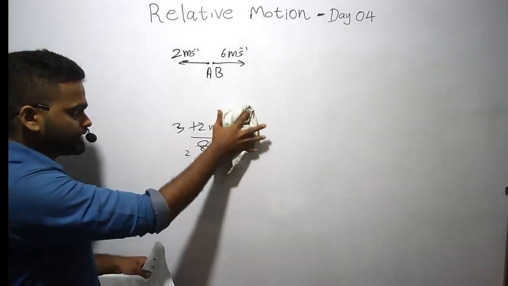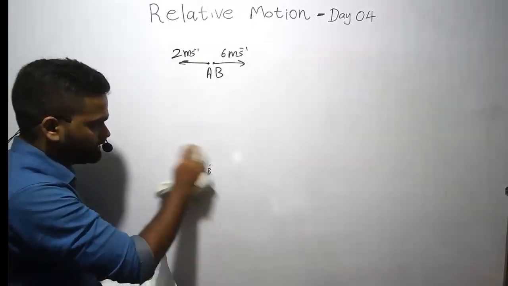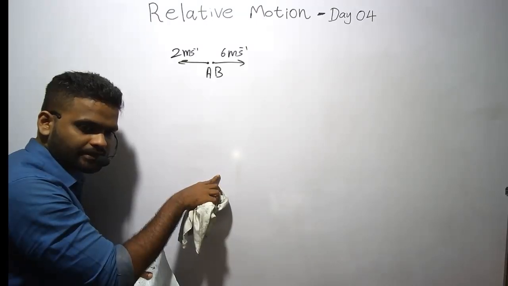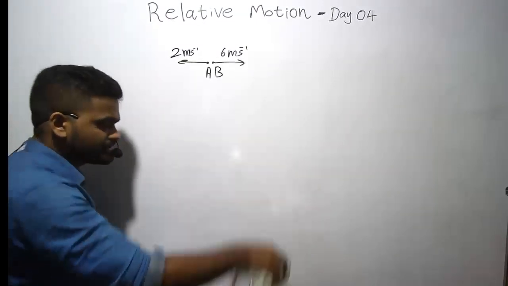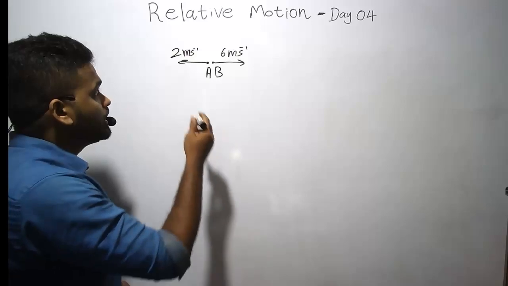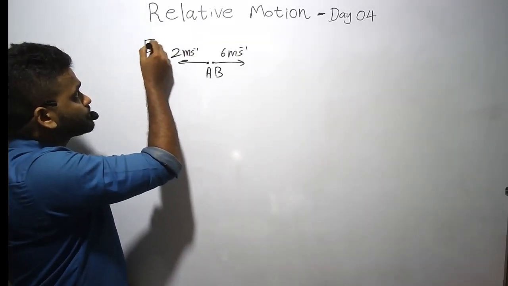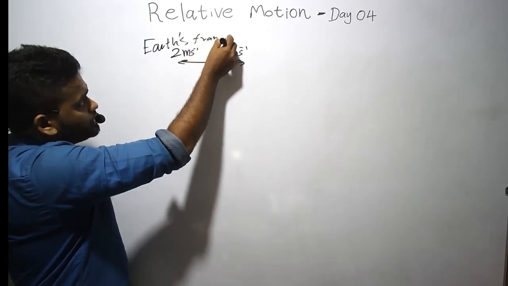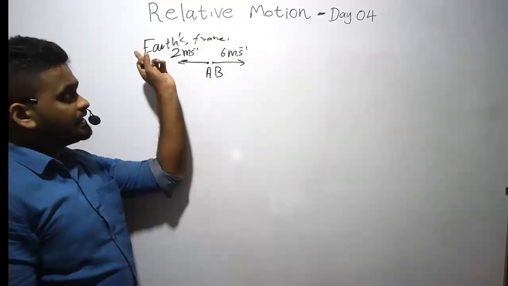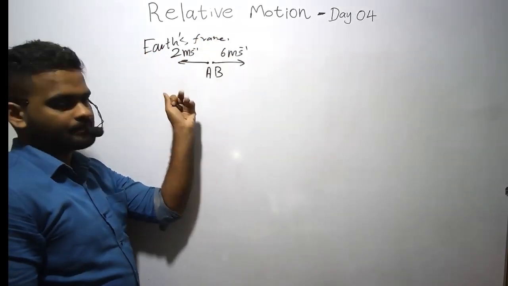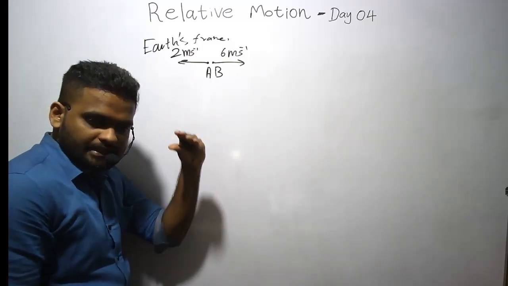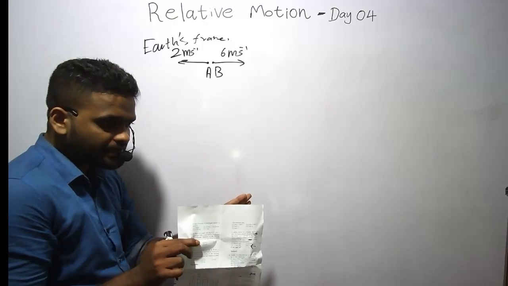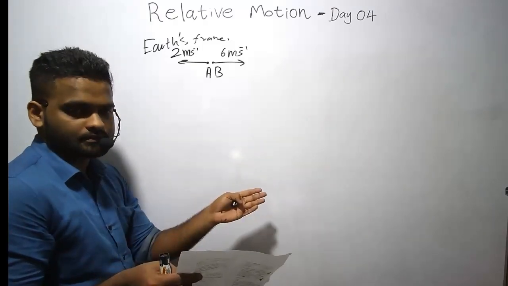Now listen carefully. Once you understand that, you can do this at once when you get an MCQ regarding that. But this is what happens. You are sitting in the Earth's frame, which means everything is relative to Earth.